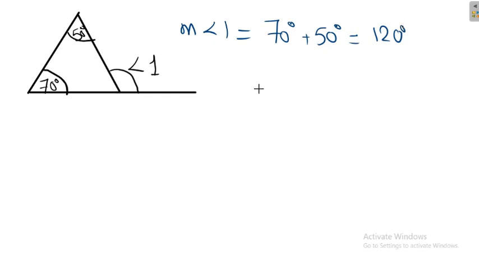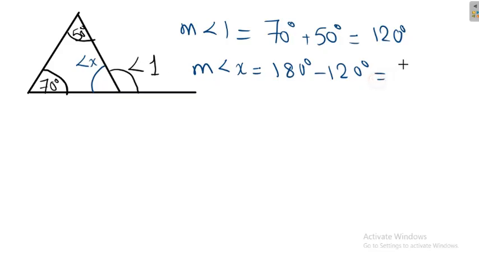And you can get the measure of angle 1 another way. This is the third angle in the triangle, angle x. The measure of angle x equals what? 180 minus 120. Why 120? Because 50 plus 70 is 120.